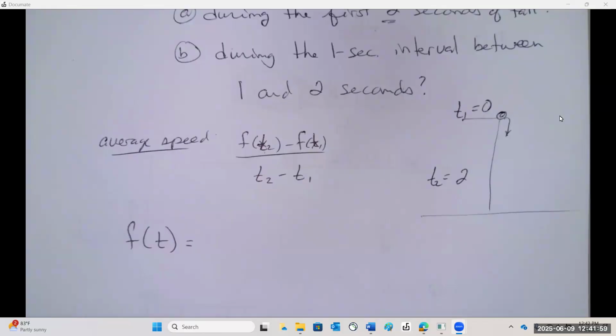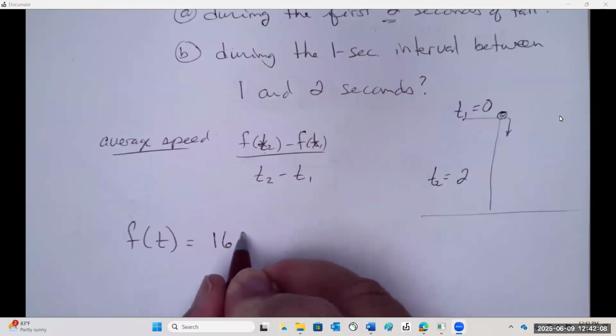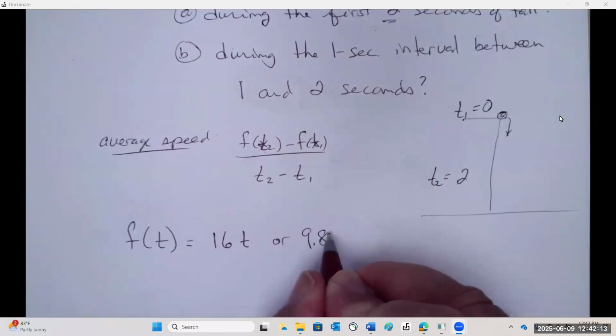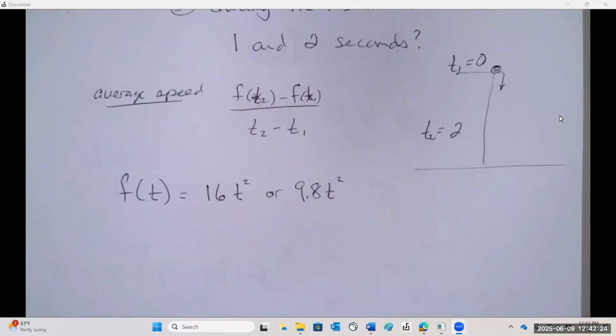It's a falling object. What's the only force acting on a falling object? Gravity. So it can either be 16 times t squared or 9.8 times t squared. What's the difference? The units and which country you're doing it in.